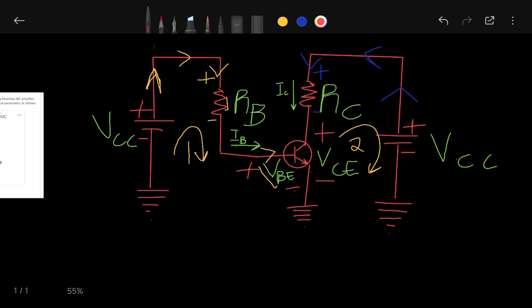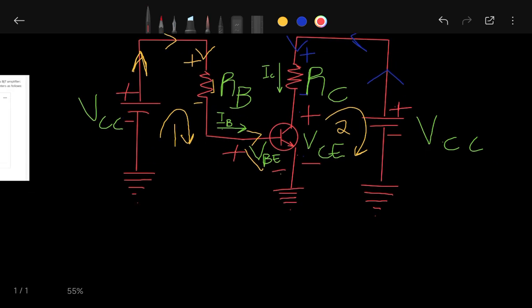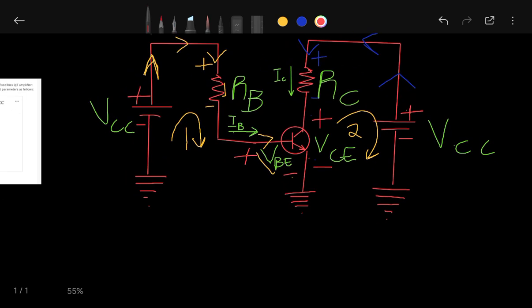When you are applying KVL, you check the sign that you see first as you go clockwise. It's up to you whether you go clockwise or counterclockwise. I chose to go clockwise in both loops.